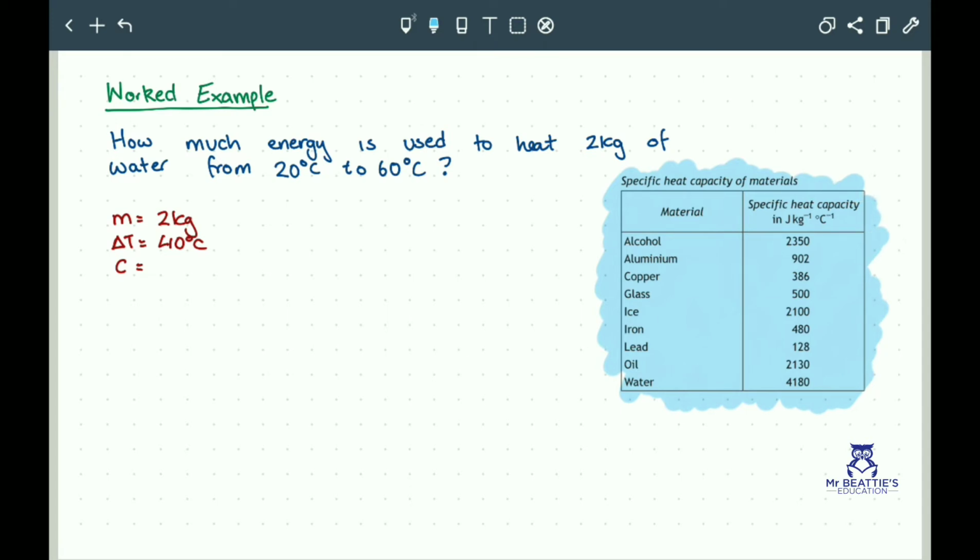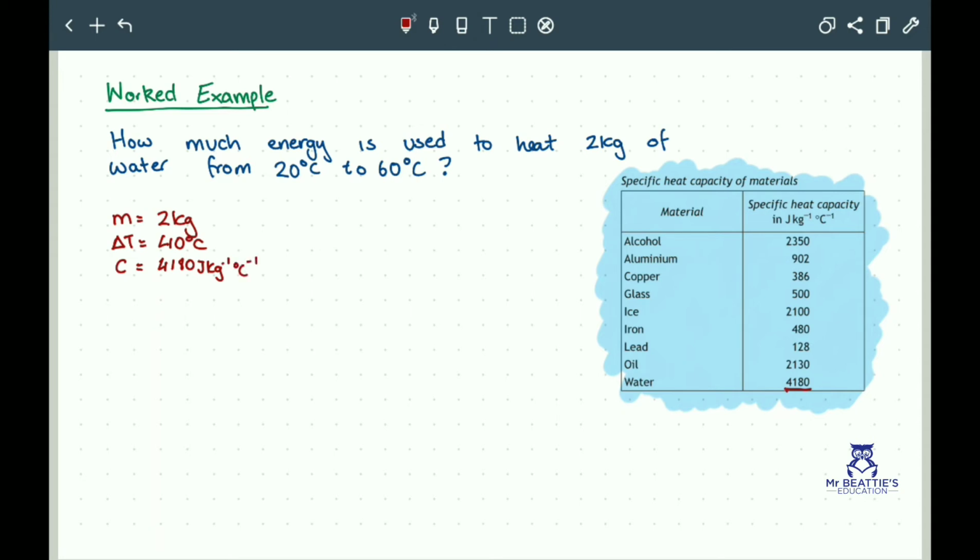We're doing a calculation here that involves water, so that's the one at the bottom there. So we're just going to use this value at the bottom. That means for our specific heat capacity, that's 4,180 joules per kilogram per degree Celsius.